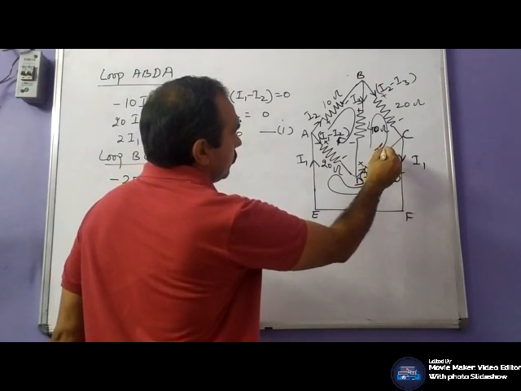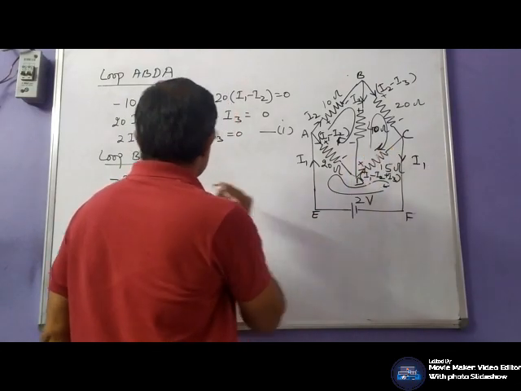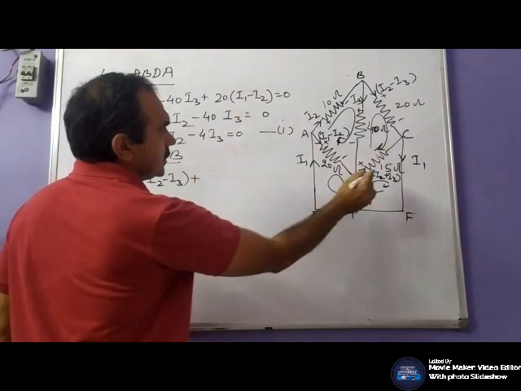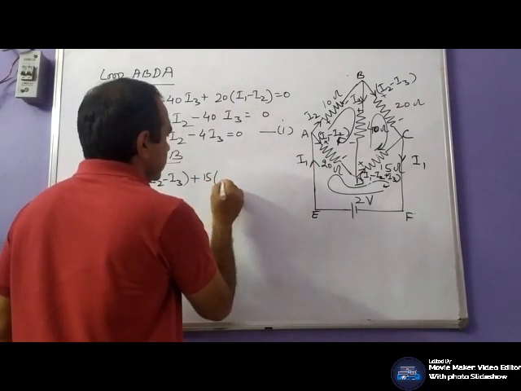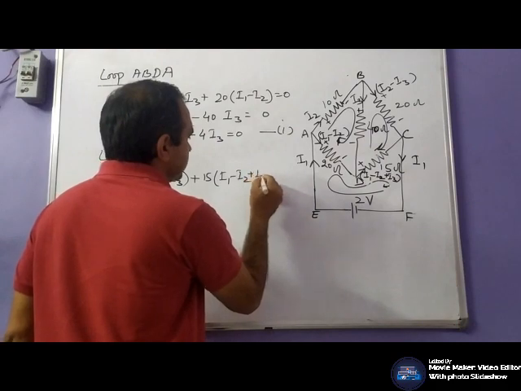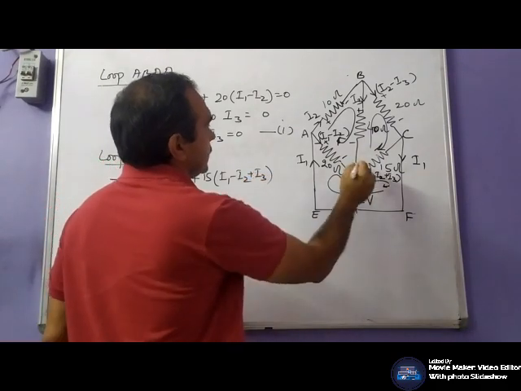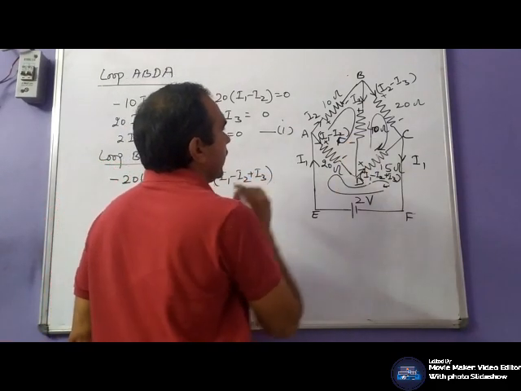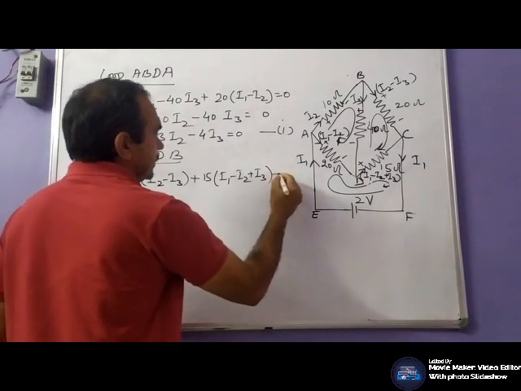We are moving from lower to higher. Plus 15 (I1 minus I2 plus I3), and we are moving from lower to higher, 40 I3.